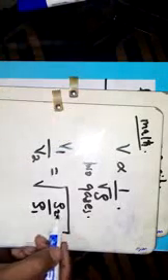We're going to have V1 over V2 equals the square root of density 2 over density 1. Why this? You see, this is not density 1 over density 2. It is density 2 over density 1, because the velocity is inversely proportional to the square root of density.